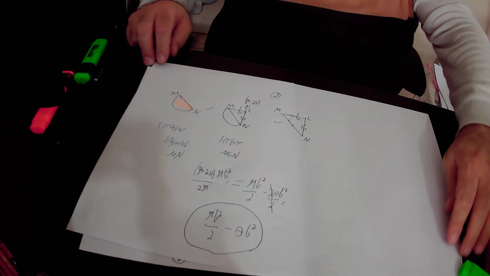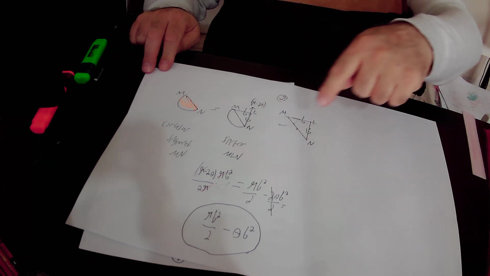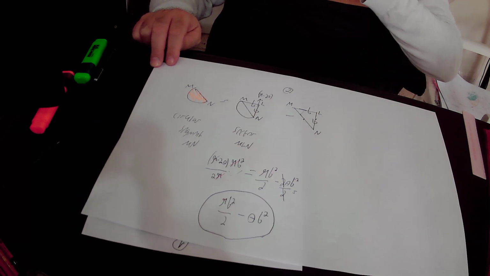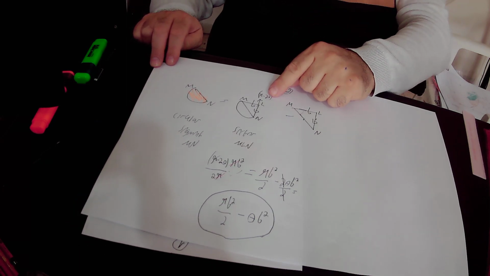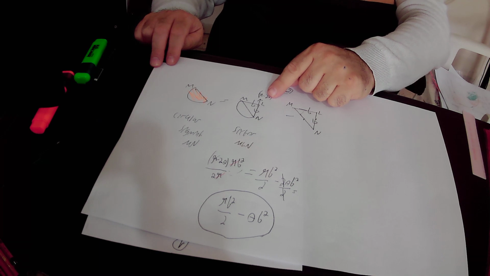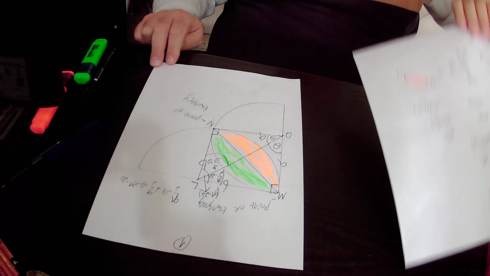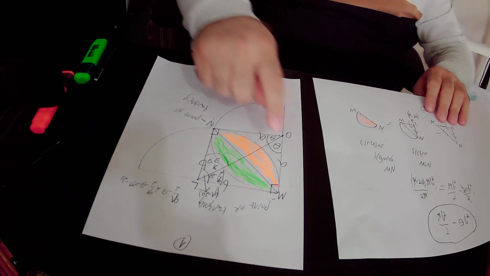It will be equal to the area of sector MLN minus the area of triangle MLN. So in order to find the area of sector MLN, we have to find the angle between its legs. We have to find the size of angle MLN.